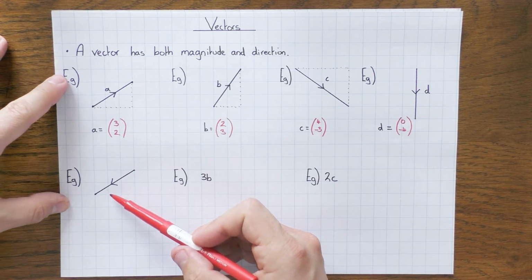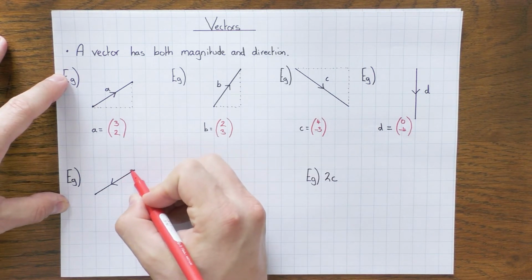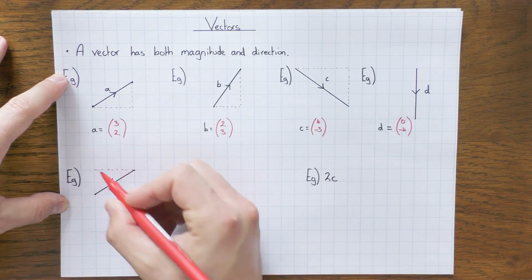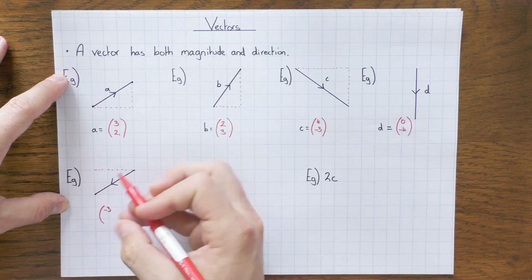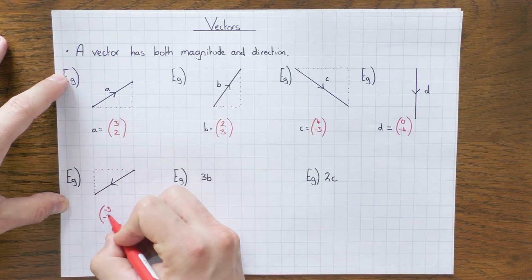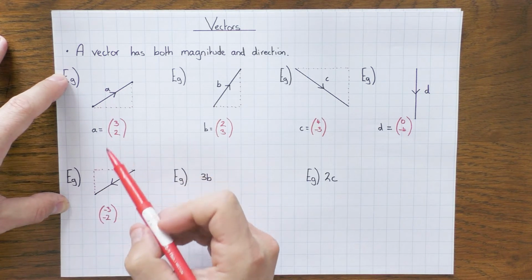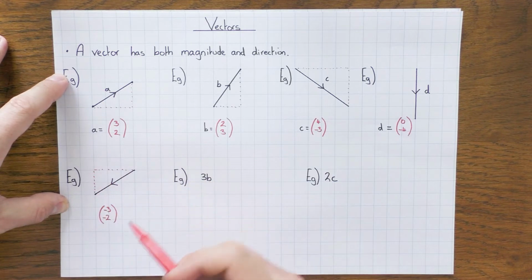This one here, I've done deliberately because we need to go left 3. Because it's left, we say it's -3. And we're then going down 2, so down is -2. Remember, going to the right is positive, left negative, up positive, down negative.